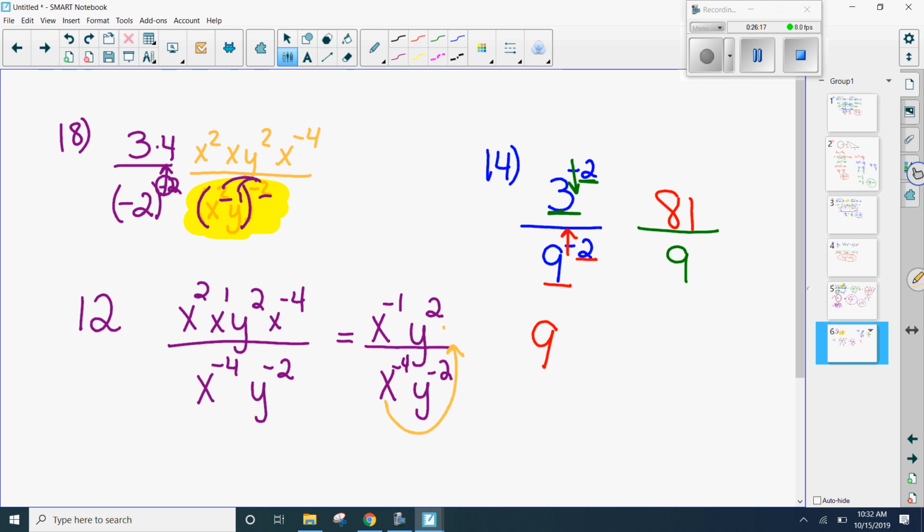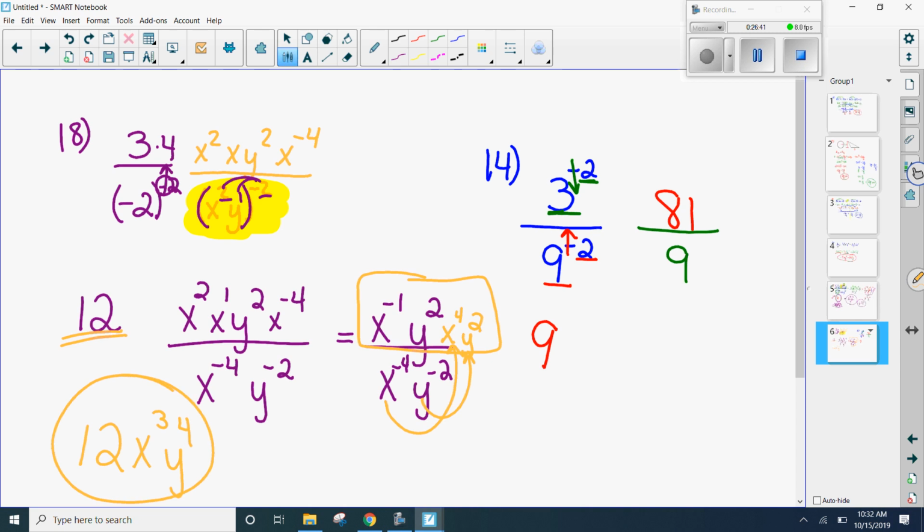Move them up, which makes it x to the fourth, y to the second. We know my answer has this numerical value of 12 in it. If I add the exponents now in this part right there, you're going to get x to what power? To the third and y to the fourth. There's your answer. That is for 18. 18 should be 12x to the third, y to the fourth.